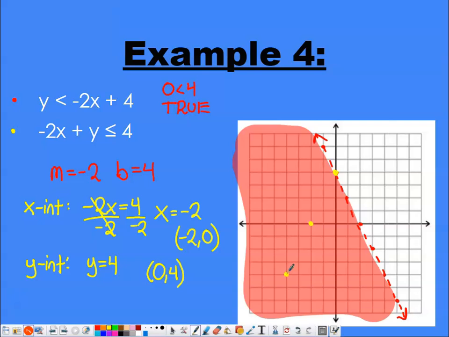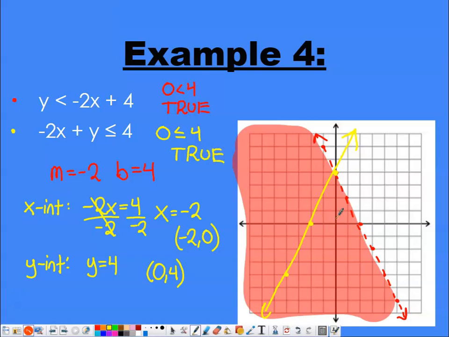Okay? Look at your inequality. This is less than or equal to, so solid line. Just like that. And then test the ordered pair. So this is 0 is less than or equal to 4. Again, that is true, meaning that the origin is in the solution.